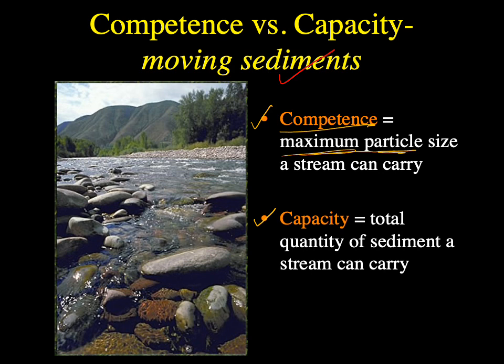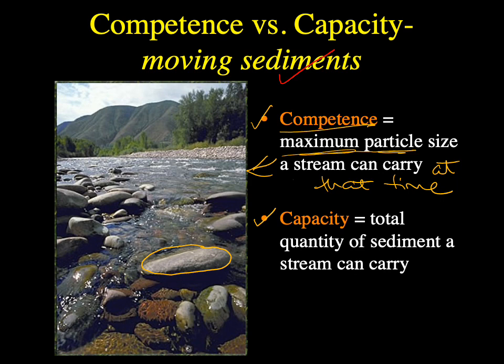A good way to remember this is if you're competent at something, you are really good at it, right? You have the highest grade, the best performance or something like that. So the competence of a river is very similar. It is the maximum particle size, the biggest particle size that a stream can carry. And I'm going to actually amend this: how about at that time? Because if you look at the picture on the left here, notice there are some really big cobbles in this river, right?